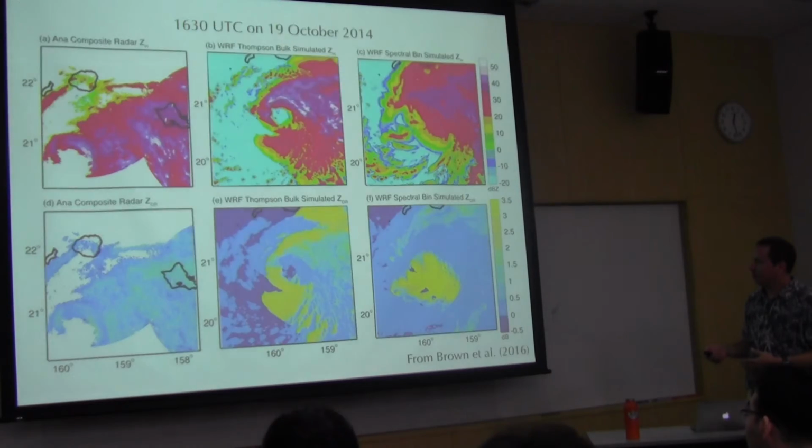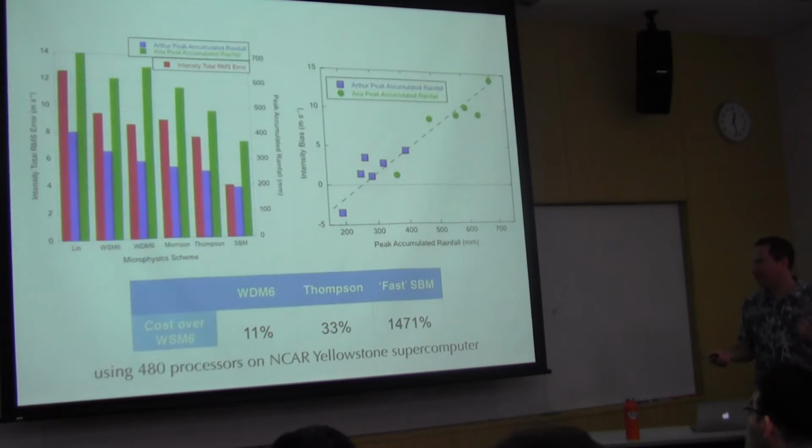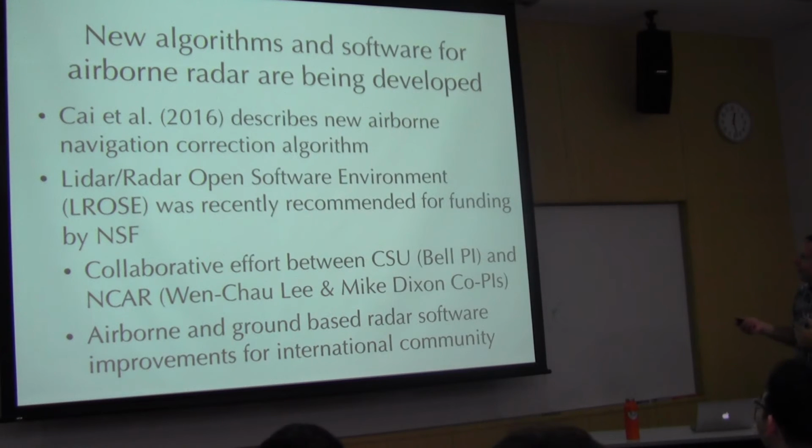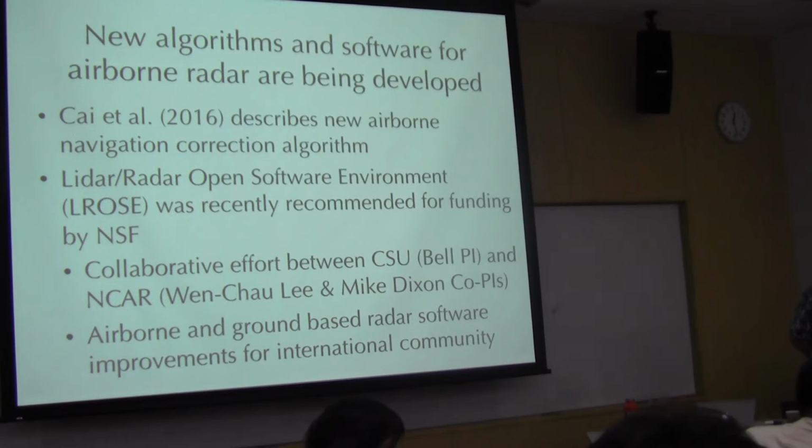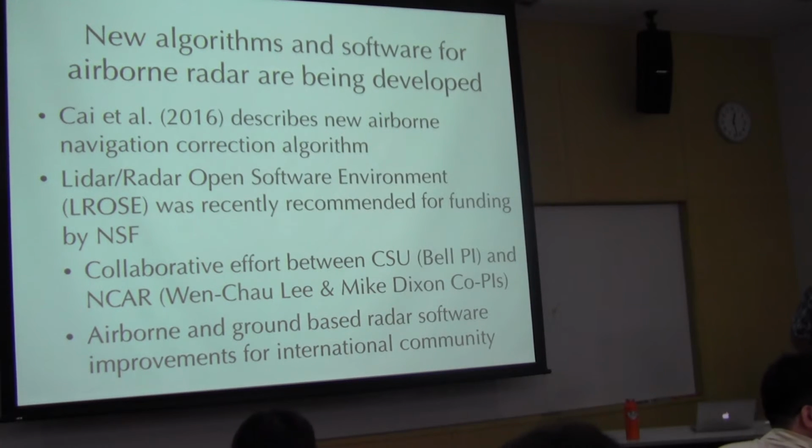Okay, so even with 3 hours, I keep going. I'm going over. Question: your model simulation is a run with the different microphysics schemes, so you use WDM6 schemes, right? Mm-hmm.